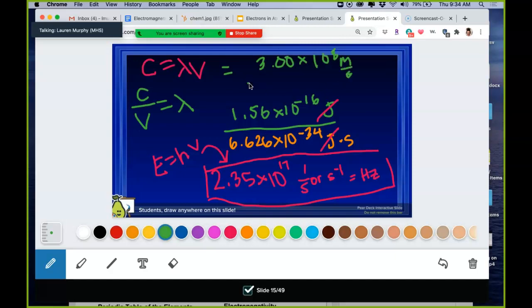Meters per second. Divided by frequency. Well, where did frequency come from? Well, that came from the first part of the problem. 2.35 times 10 to the 17th 1 over seconds. So seconds cancel and we're left with meters. So let's calculate it out.